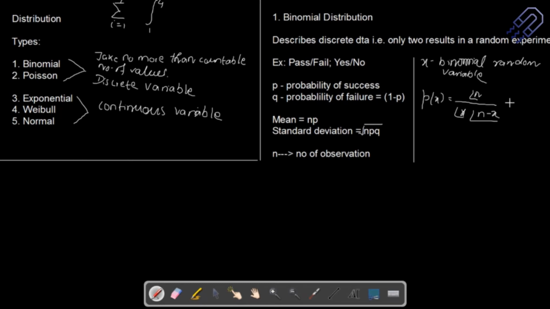That's the value, and then you just multiply it with p to the power x into q to the power n minus x.